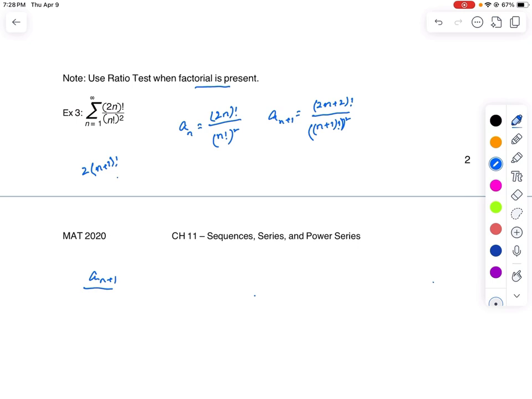So here we take the ratio, absolute values. So what do we get? First, the top term, (2n plus 2) factorial, and over here (n plus 1) factorial.